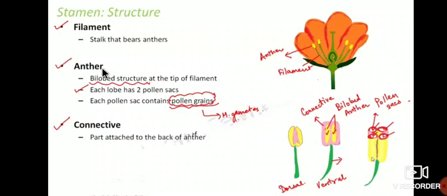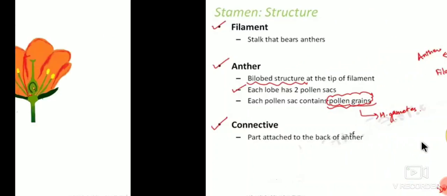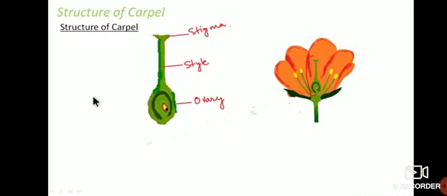In the anther, there is a sac, like a bag, the pollen sac, which contains only pollen grains. Pollen grains are called the male reproductive gametes. And the female structure, the carpel, contains mainly three parts.